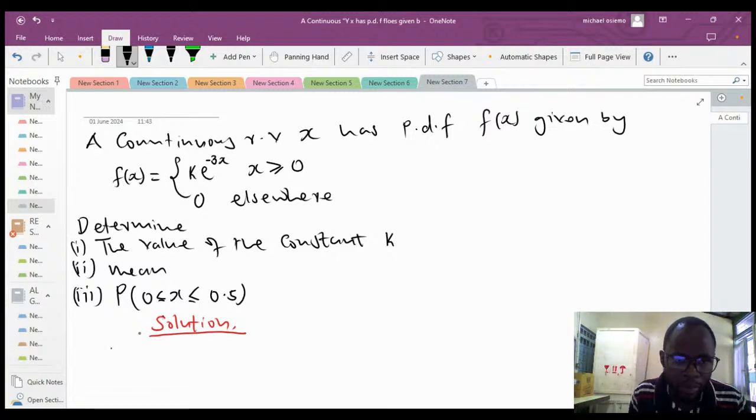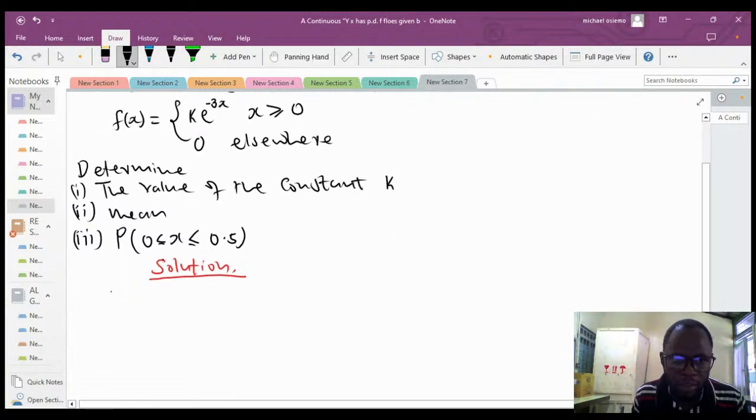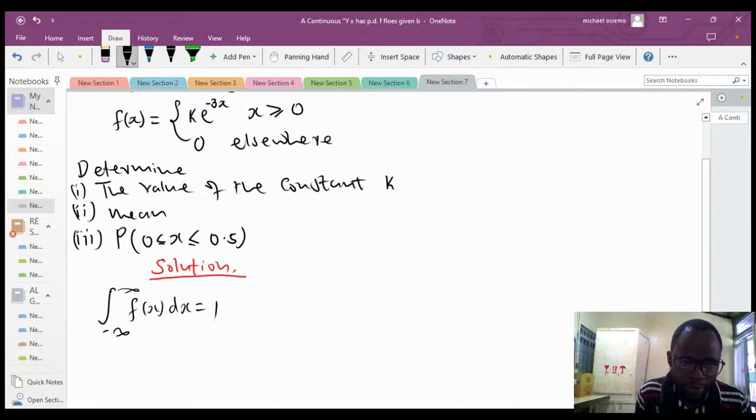To determine the value of k, we need to understand some properties of a PDF. One property is that the integral from negative infinity to infinity of f of x dx is equal to 1.